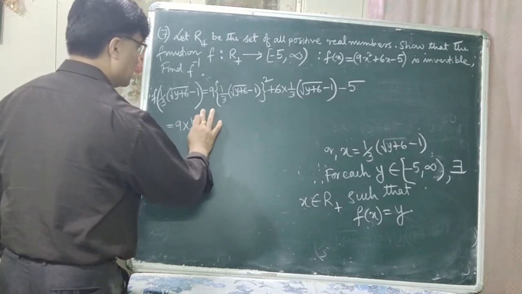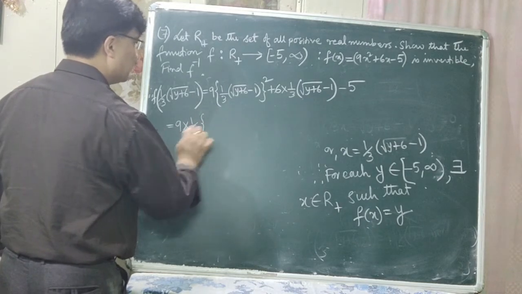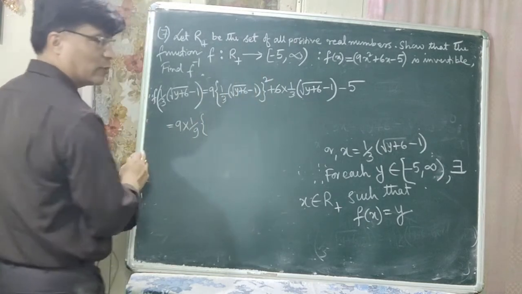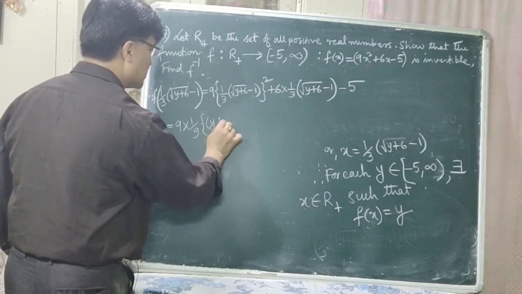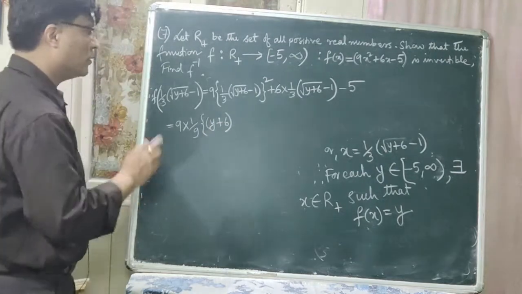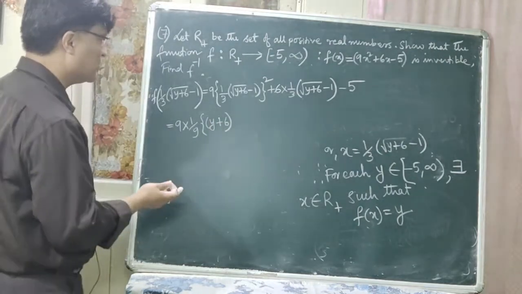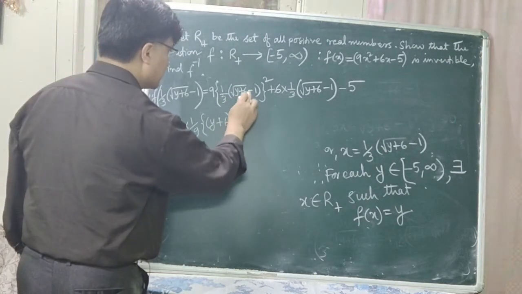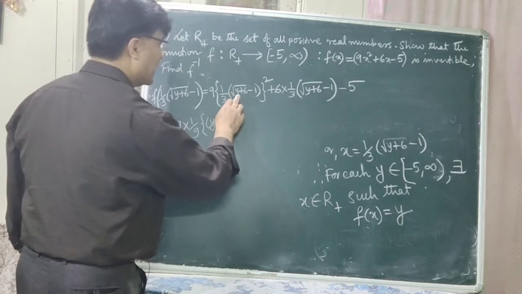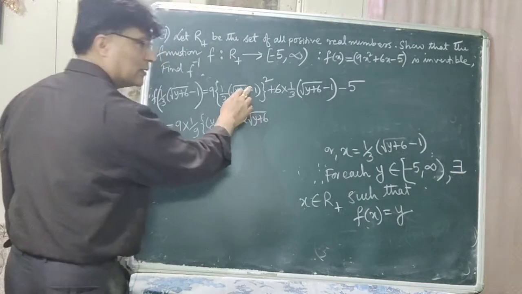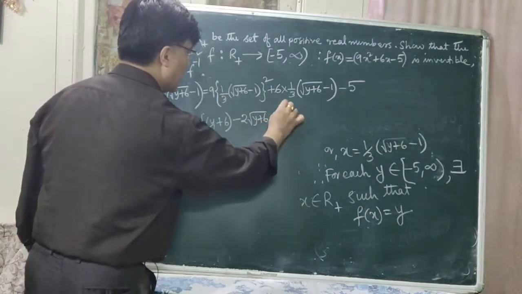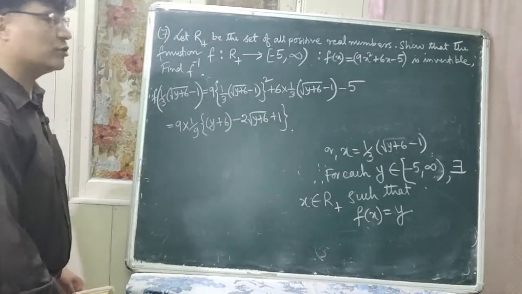So within second bracket, a minus b whole square. What is a whole square? Root over y plus 6 whole square. That is your y plus 6. Right? Then minus twice ab, 2 root over y plus 6. Then plus b whole square. That is your 1. Second bracket is closed.